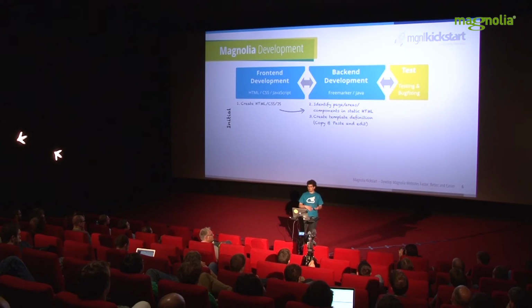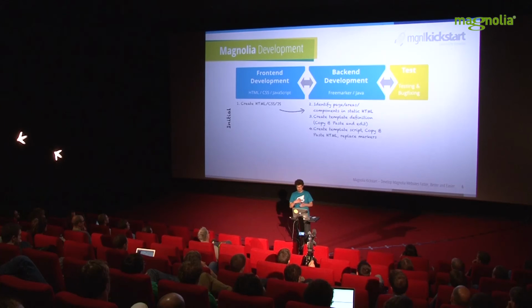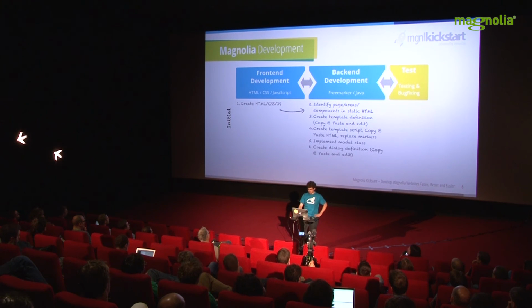They continue creating template definitions for the components they identified. Typically, this happens by copying, pasting nodes from, say, the SDK, for example, or existing nodes, and editing them. They create template scripts, so they again copy-paste what they find in the static prototype and take it over to the FreeMarker snippets. They implement model classes.